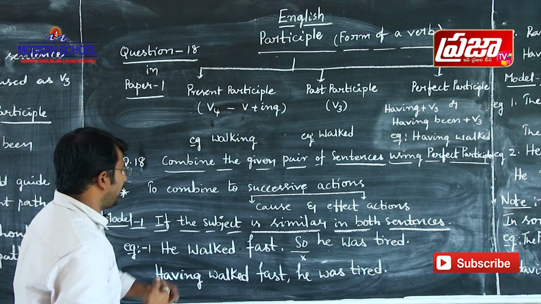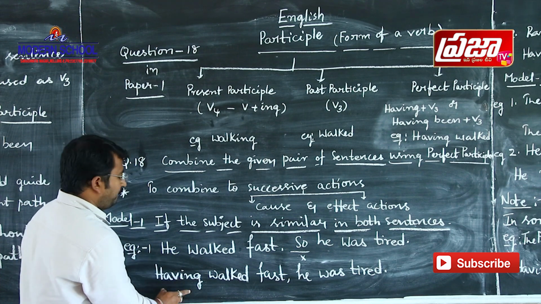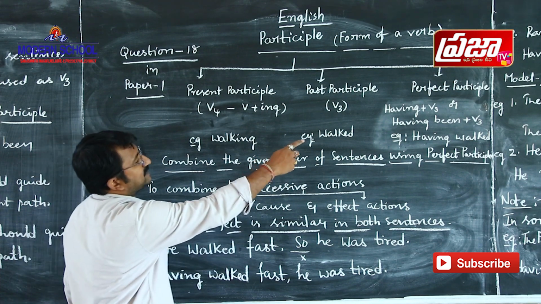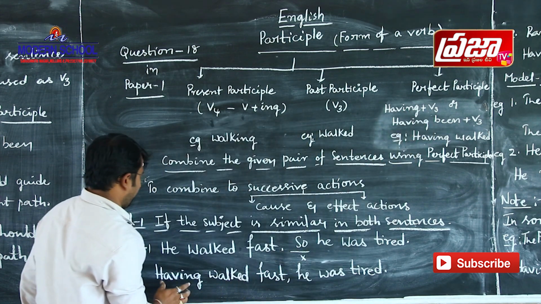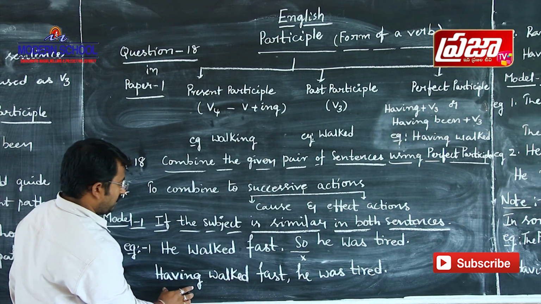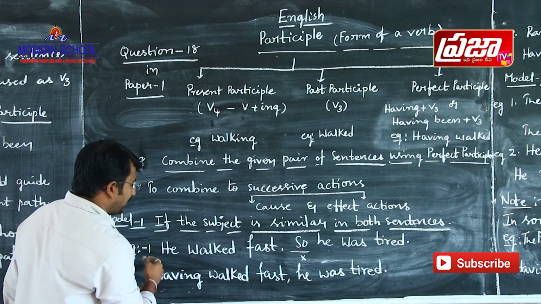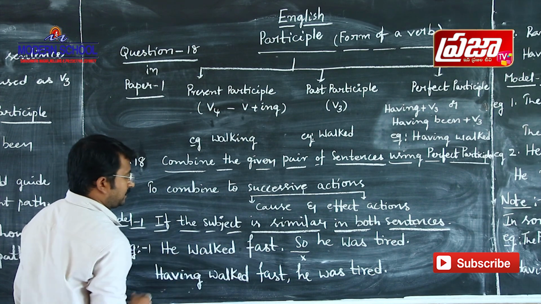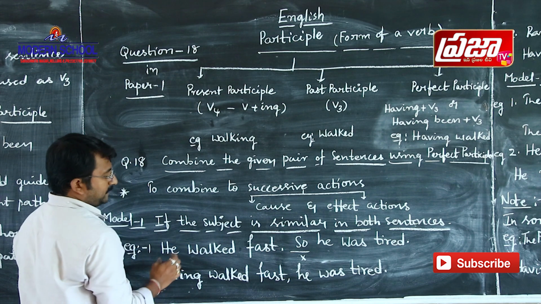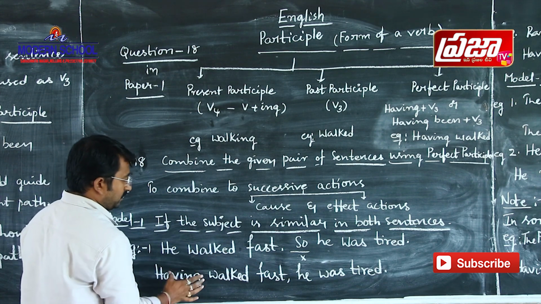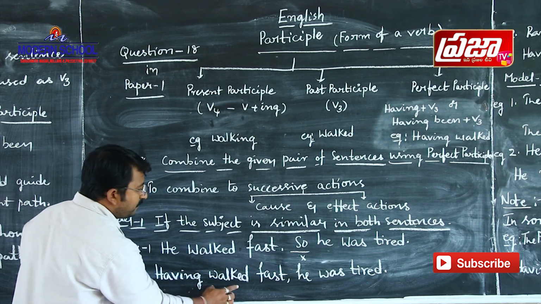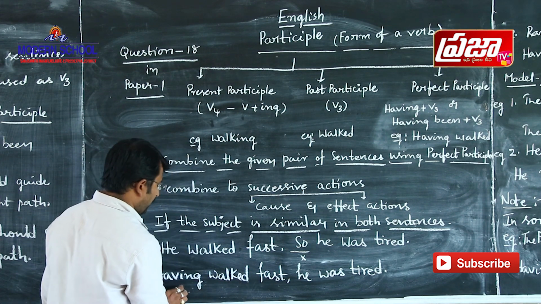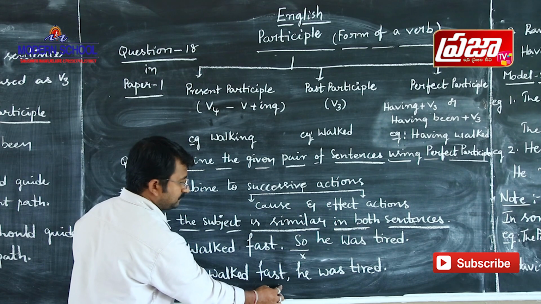And how to combine this one? See, having, what I told, the structure to be utilized is having plus V3. So here, having. And what is the verb in the first sentence? Walked. V3 form of walked is also walked. So, having walked fast.